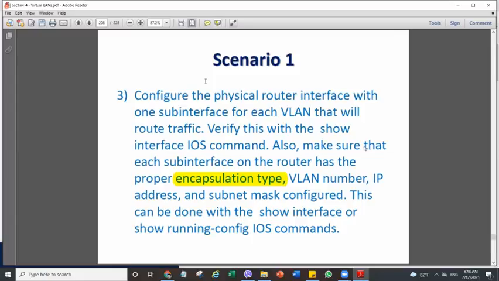VLAN number, IP address, subnet mask configuration, those are the basics. You should make sure that all of these are streamlined. This can be done with the show interface or running config commands.